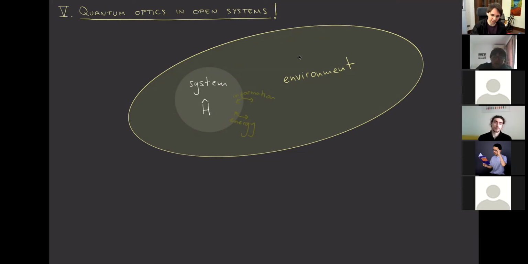And in particular, the idea is the following. The whole system plus environment is actually described by a Hamiltonian dynamics, okay? But we care only about what happens to the system.